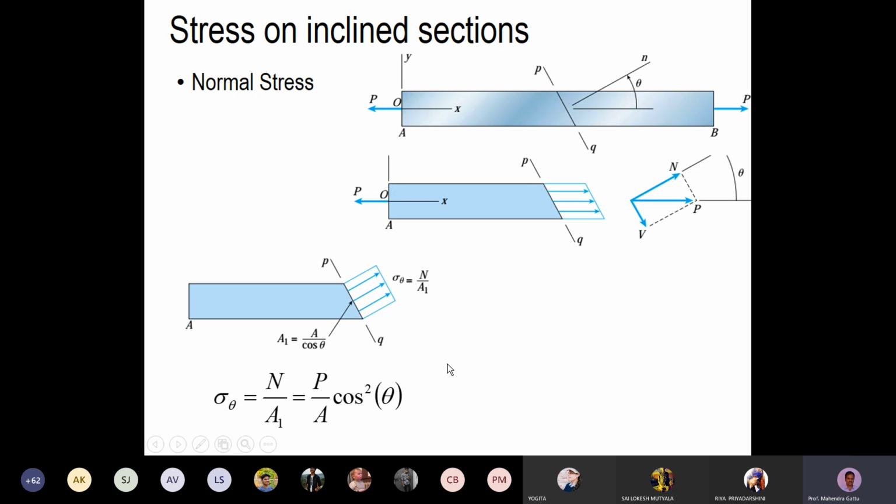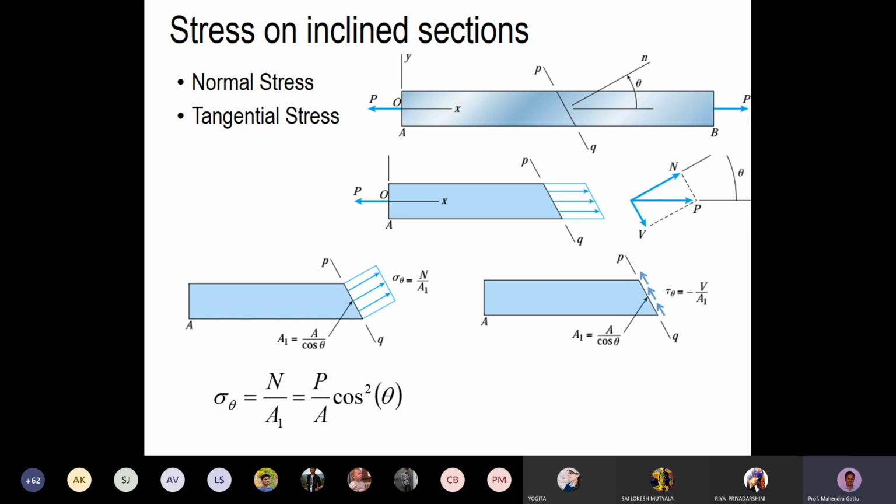And if you look at the tangential stress, according to the convention, the tangential stress is represented as up the incline. That is a positive sign convention, but the actual force is acting down the incline. So what we do is we show tangential stress up the incline, and we put a minus value here, minus V by A1.